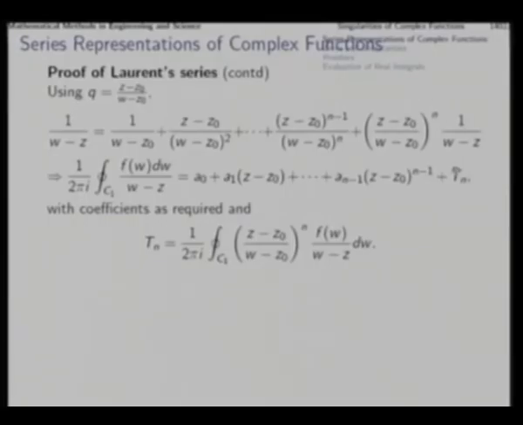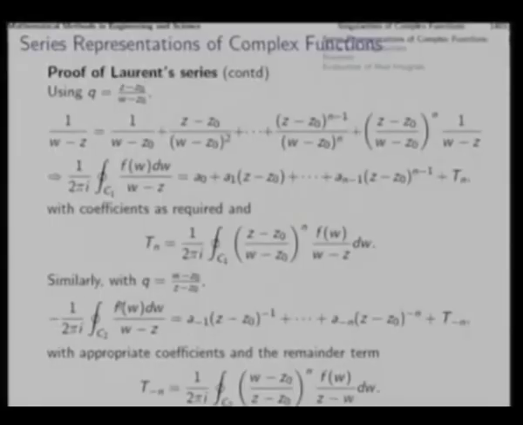Let us call it Tn, and that Tn is this, right: 1 by 2 pi i, integrated, this entire stuff into f(w) dw. So, this remains as the nth term. Similarly, for the next one, that is for the inner circle, the minus sign has already been taken, so minus 1 by 2 pi i this whole thing.